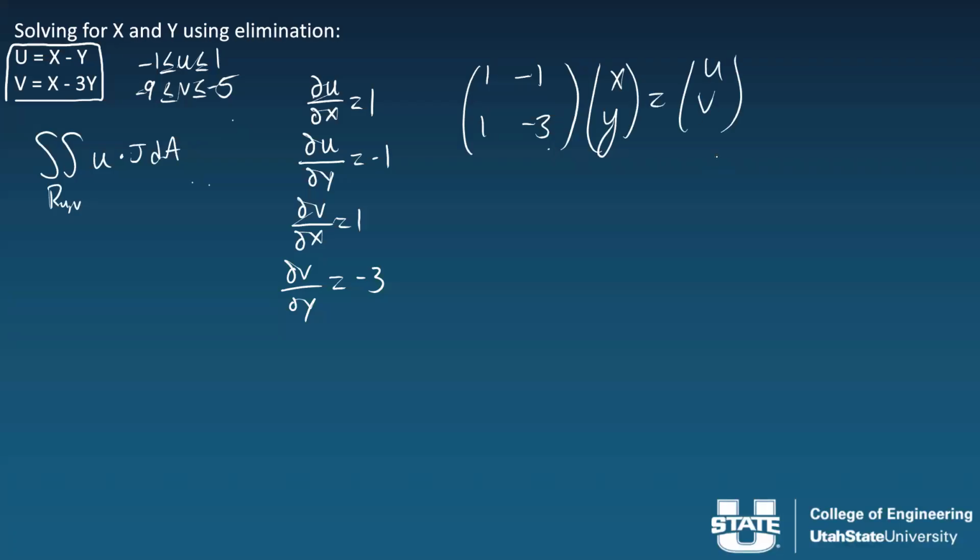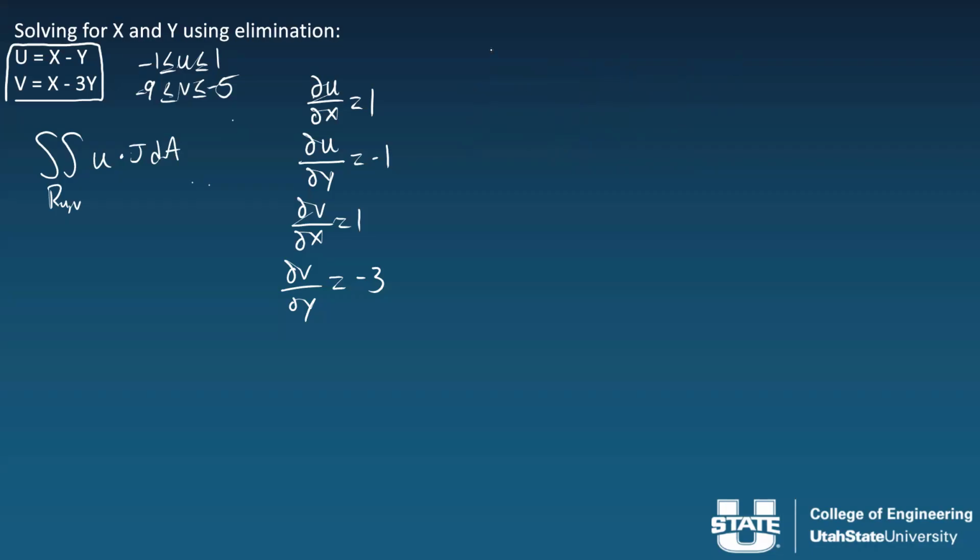Technically that's not right, but it just works out in this case because it's linear. Let me explain this better. Our Jacobian is the determinant of the matrix of our partials.